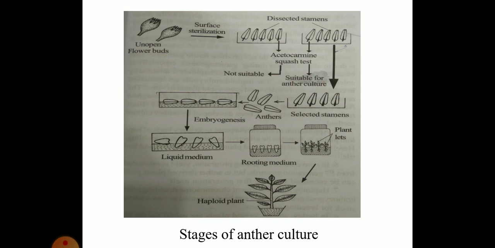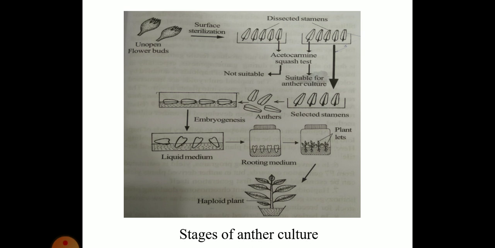First select the unopened flower bud, then surface sterilize the flower bud with the help of mercuric chloride, then wash with distilled water, then dissect the stamen that is suitable for anther culture with the help of the acetocarmine squash test.